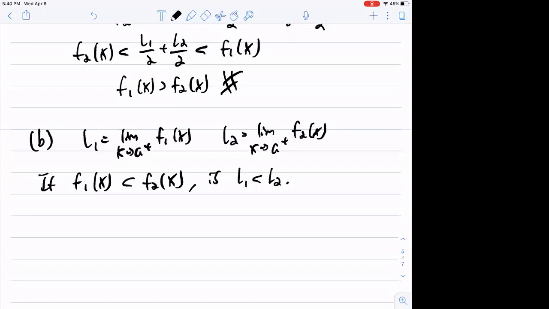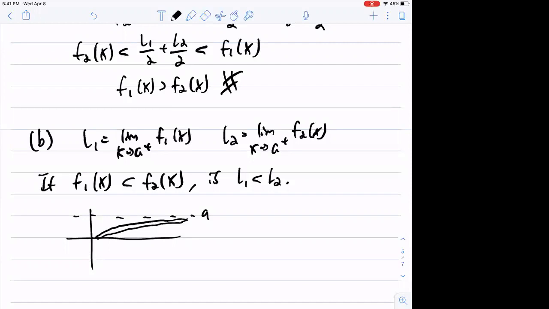Because even though a function is smaller than another, if you think of something going to infinity, right? If you have a function here that approaches this number a, I could still make a function that approaches a, but that is always under the other function, right? Because the idea is you can both go to a, but at different rates.